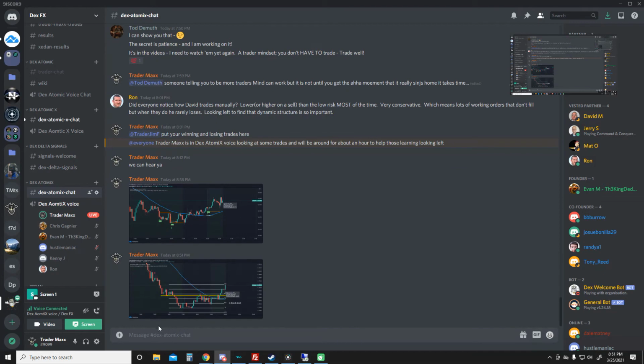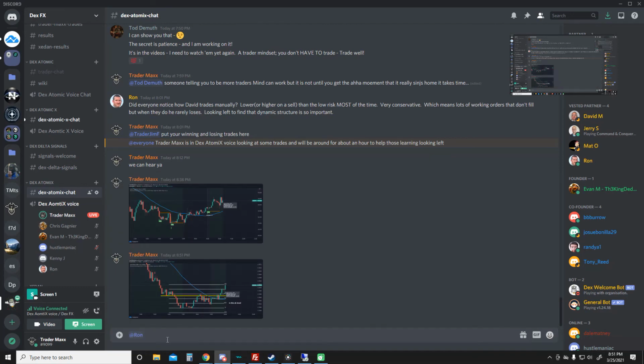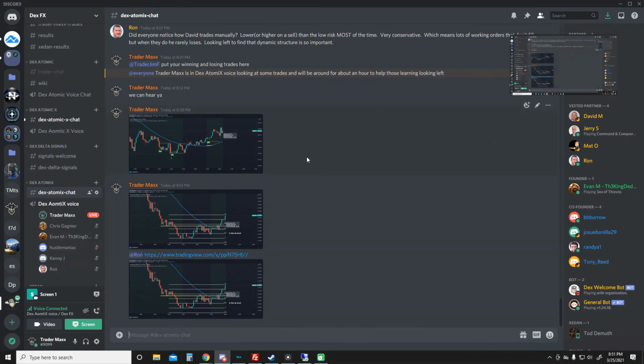Or you can even use an @ symbol, like @Ron, and then put the thing in there. That's going to call Ron's attention to it, or Trader Max, or somebody else, David M, or what have you. Is this a good level?